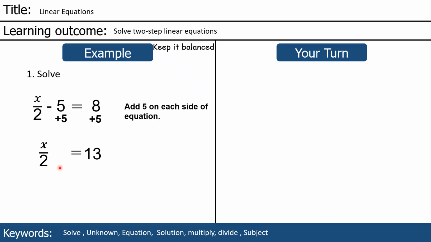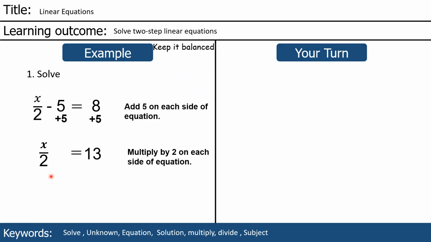So now we have x divided by 2 is equal to 13, and the reverse of dividing by 2 is multiplying by 2. So multiply both sides of the equation by 2.